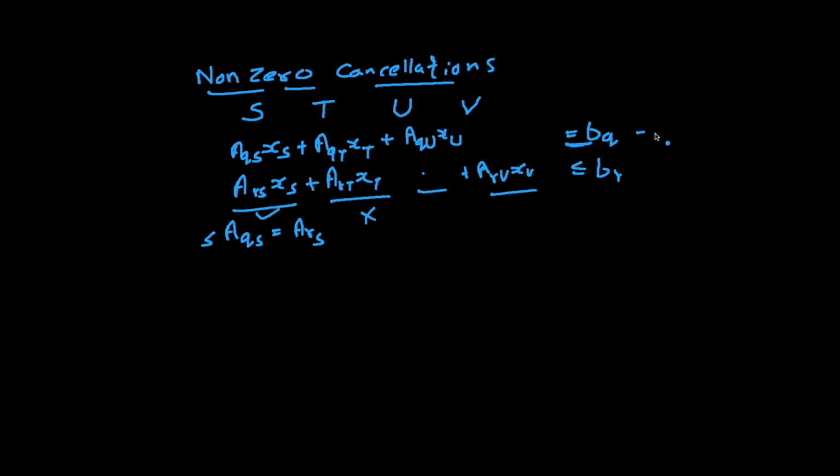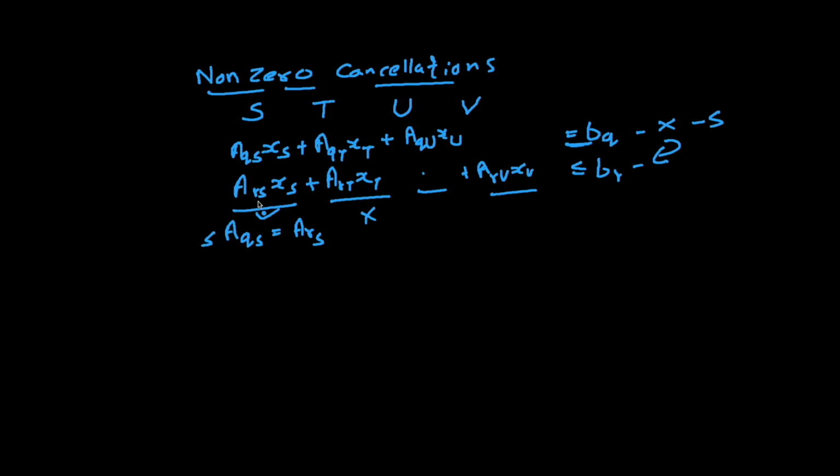Now this is an equality constraint, and this is an inequality constraint, and we know that we can multiply this with anything and add it to this constraint. This is always allowed. So what happens if we multiply this one by minus S and add it to this one? First of all, S times A_QS, and here we are doing minus S times A_QS, so A_RS is S times A_QS.